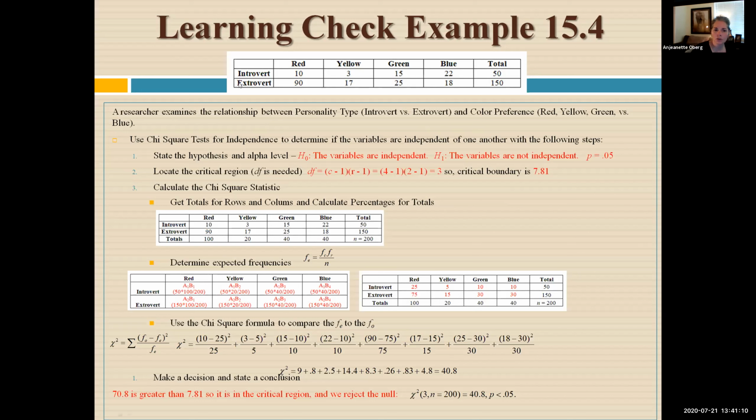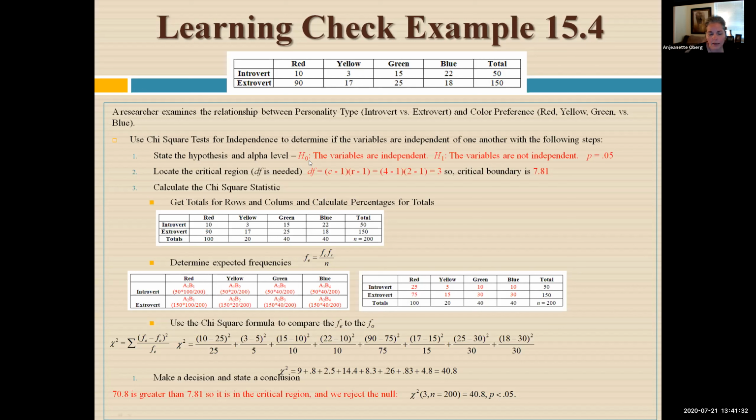So here's our original data right here. And when we are stating our hypothesis, we're going to say the two variables are independent. That's a null. And our alternate is saying, nope, they're not.